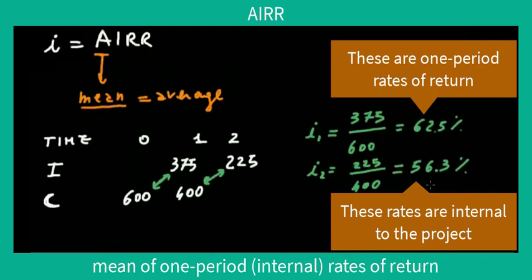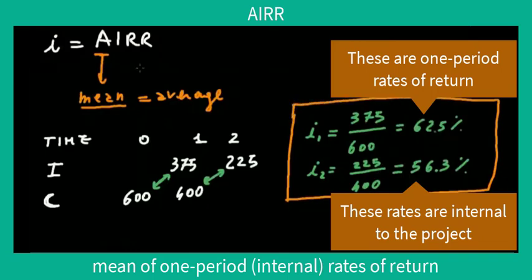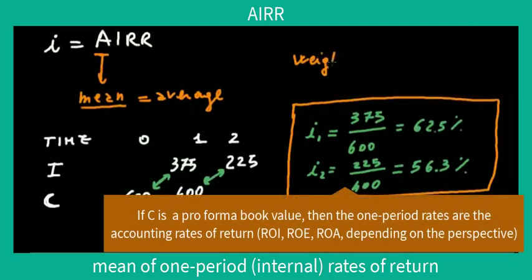Now, the project rate of return, the AIRR, is simply the weighted mean of these 1-period rates, where the weights are the capital. The weights of the mean are the capitals invested.